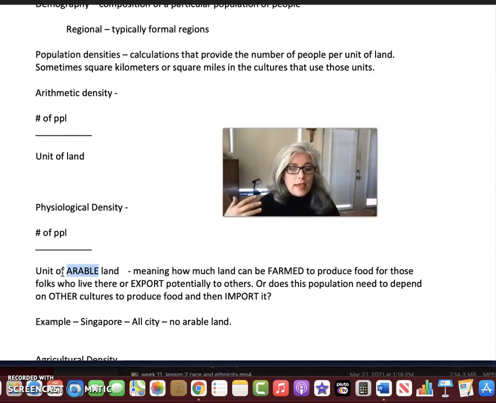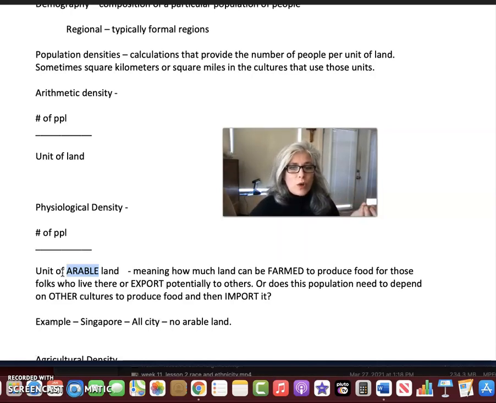So the export, the import, the economic geography of a place, you can make some educated assumptions, some educated guesses about the economic participation, farming, of a particular location based on the physiological density.